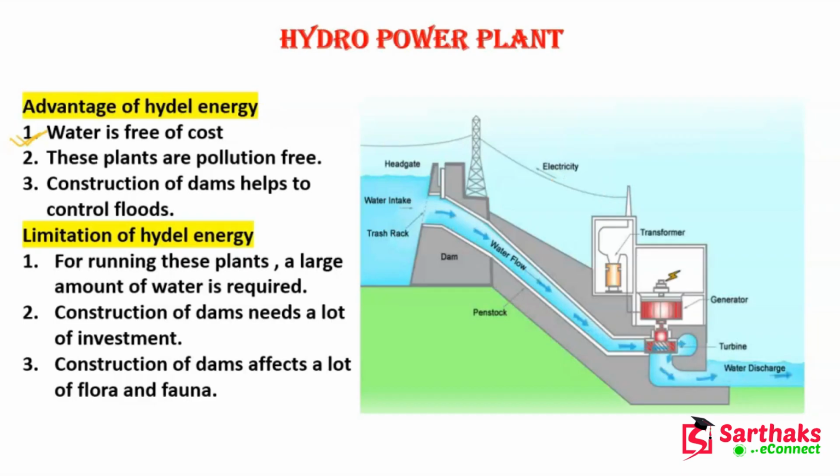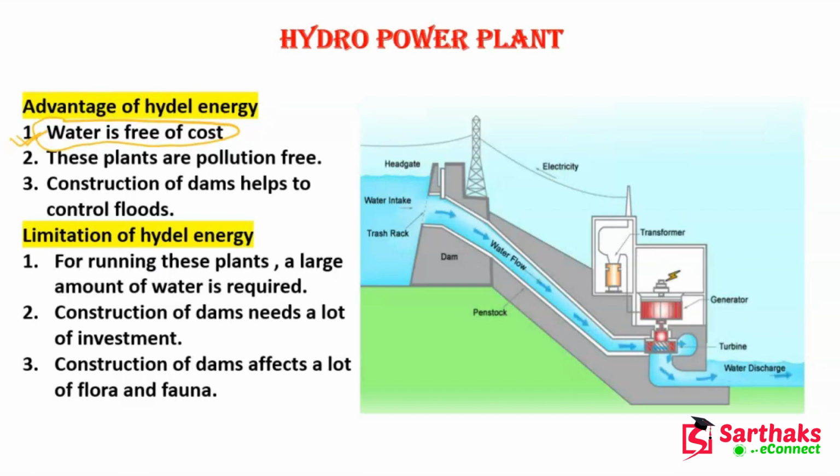If I give you an example of a thermal power plant, we had seen that we were using coal. Coal has some price, so it requires money. But here you can see that water is free of cost, so there is no fuel charge. We are using water here.